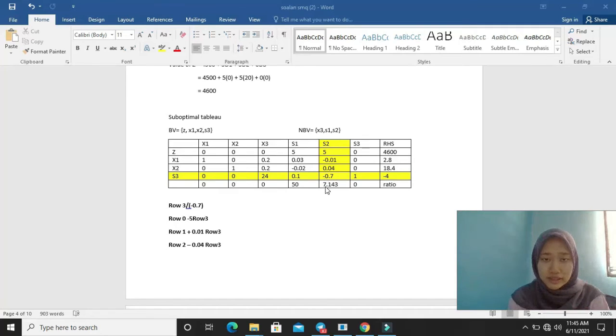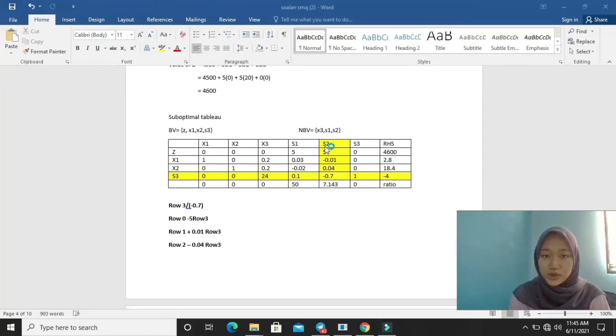Next we need to find the ratio. We divide the absolute value of the coefficient of z by the coefficient of s3. So the absolute value of 5 divided by negative 0.7 gives 7.143. Since there is only one negative at row s3, negative 0.7, this column will be the entering variable.